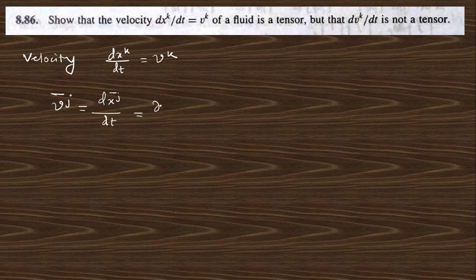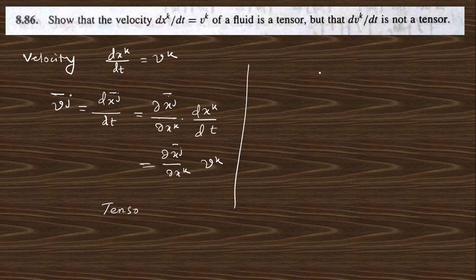This can be written like that. So this is nothing but v k. You can write in differential form, so this will be like that. So this follows the transformation of a tensor, so this is a tensor.